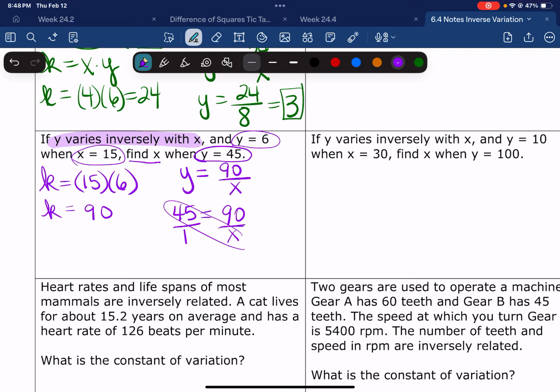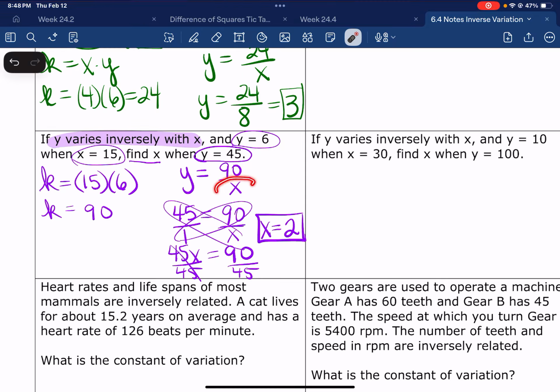X times 45 is 45x. 1 times 90 is 90. Divide both sides by 45. And we get x equals 2. So that one took a little bit more work because the variable that we were looking for was in the denominator of our equation, right?